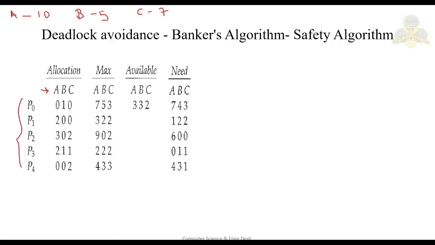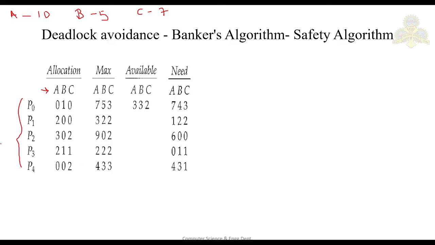Need is equal to max minus allocation. So 7 minus 0 is 7, 5 minus 1 is 4, 3 minus 0 is 3. That means apart from the allocated resources 010, process P0 needs 743 resources to complete its execution. Whenever I say 743 resources, it means 7 instances of resource A, 4 instances of resource B, and 3 instances of resource C.